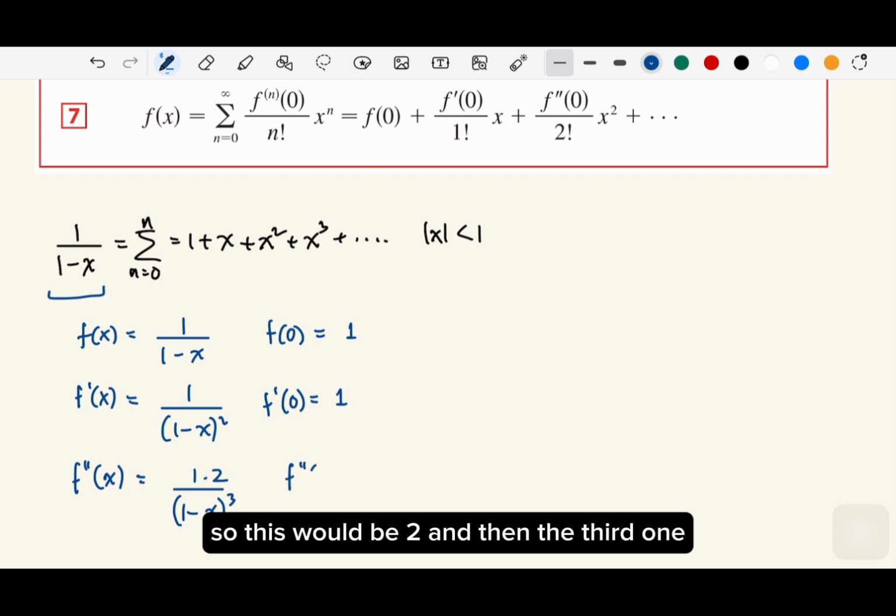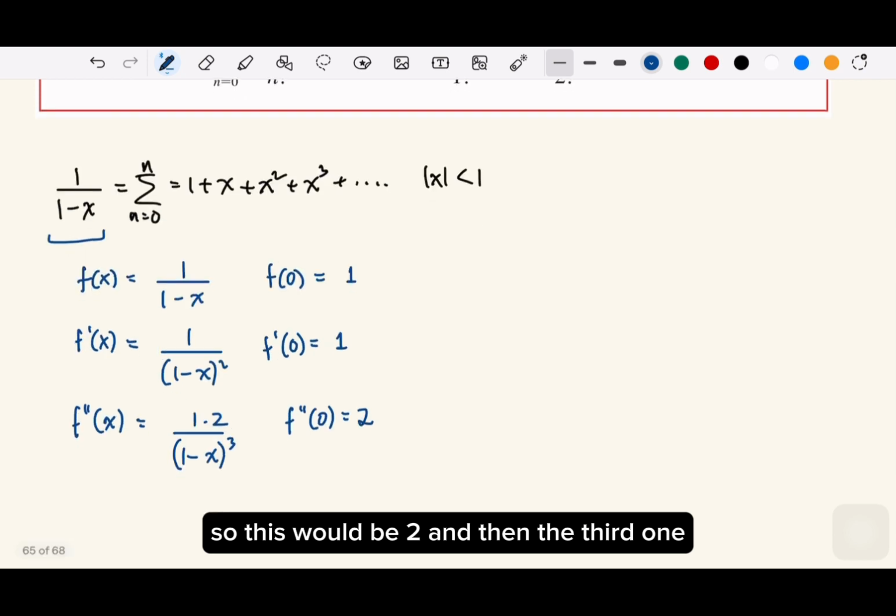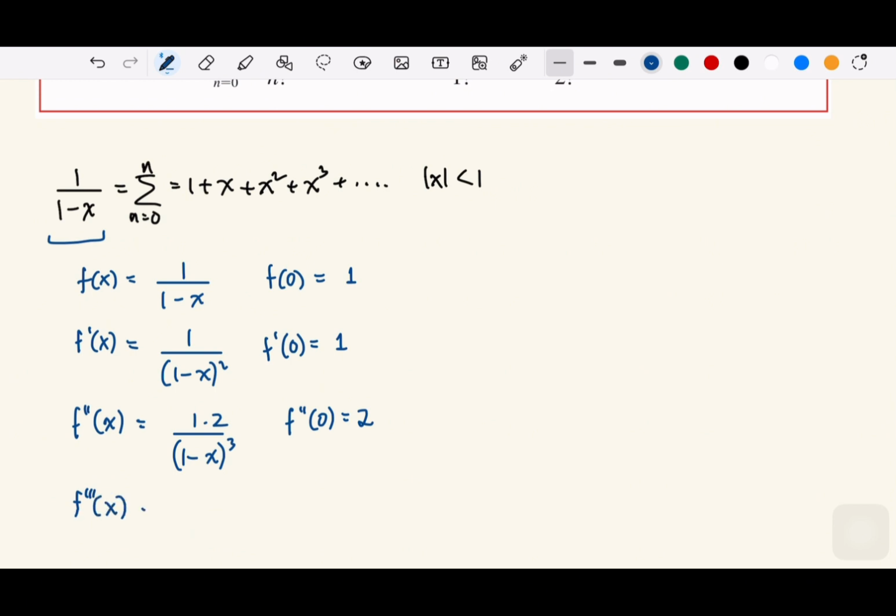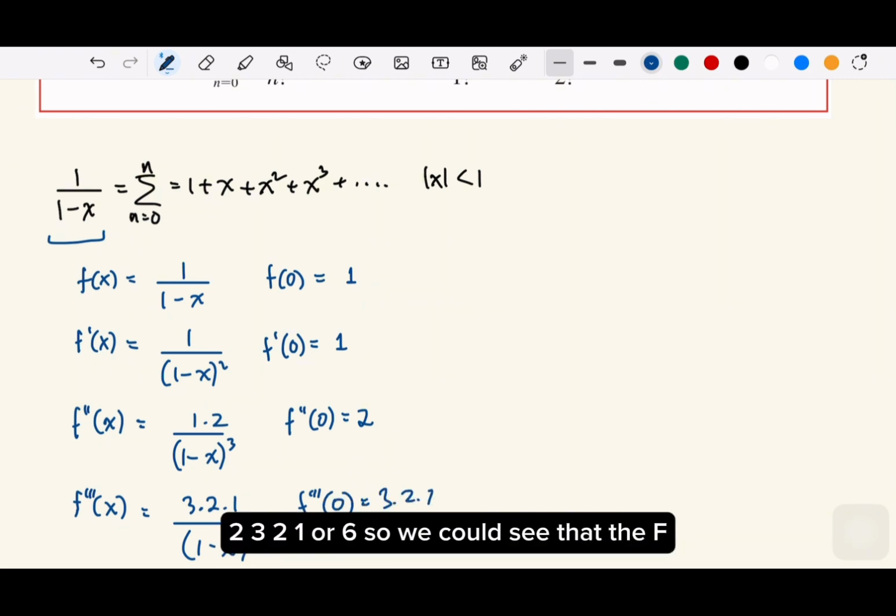So this will be 2. And then the third one will be 3 times 2 times 1, or 6.